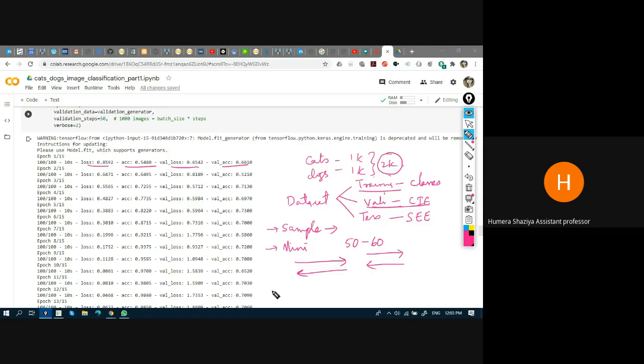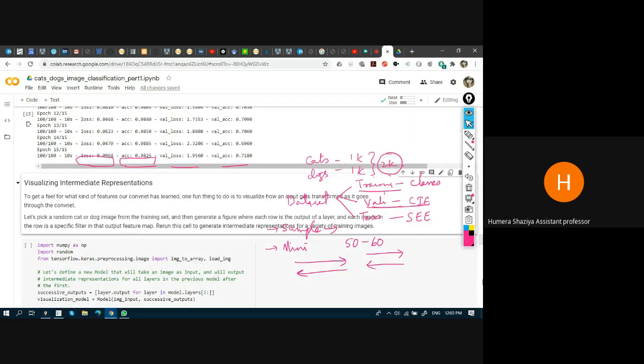Okay, here the accuracy is 54%, loss is 8% in the first epoch, and this process continues till the 15th epoch. I will explain all the things, don't worry.